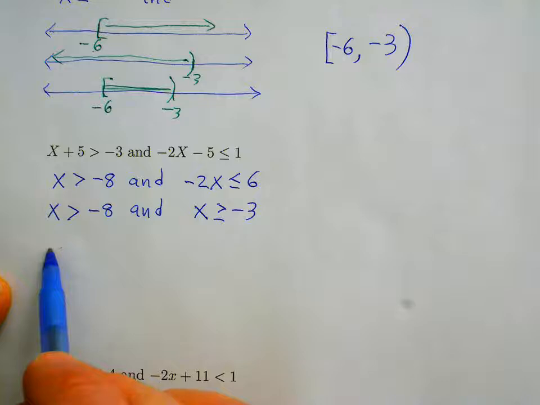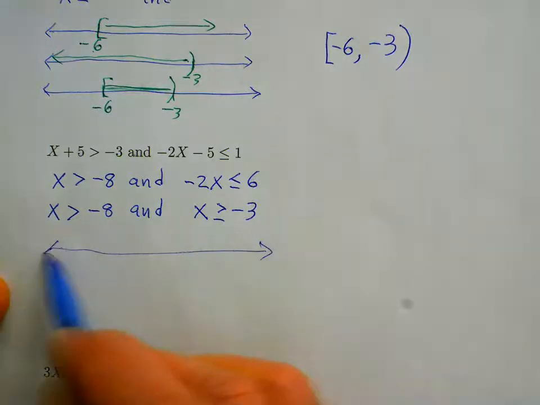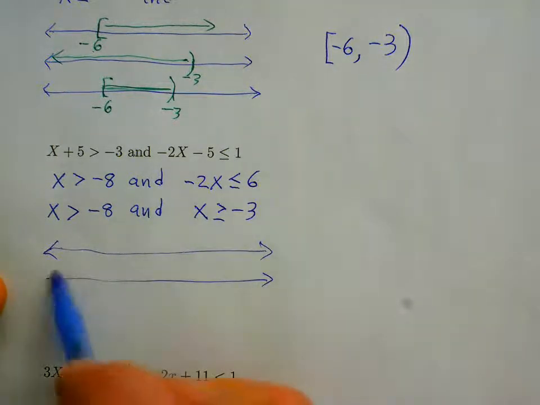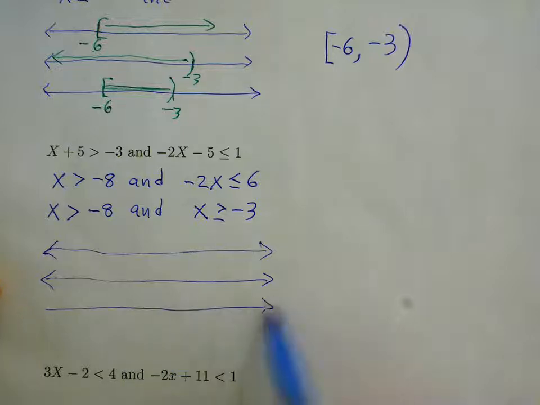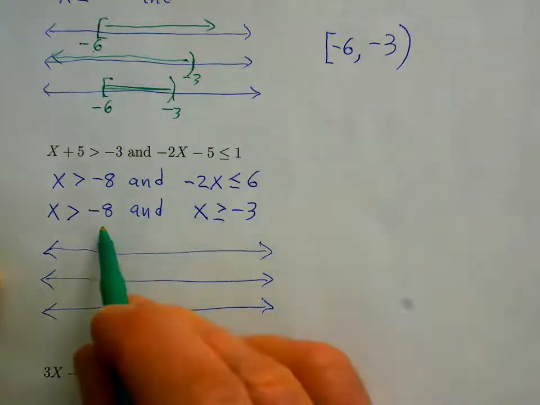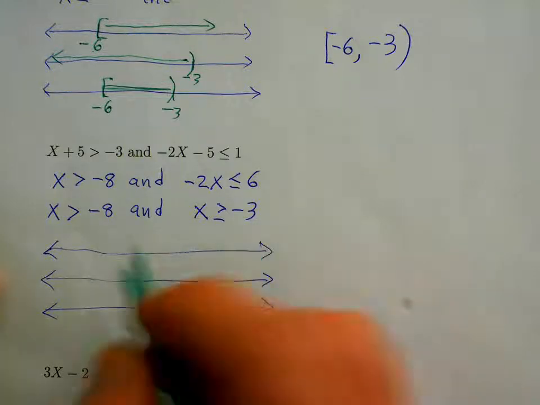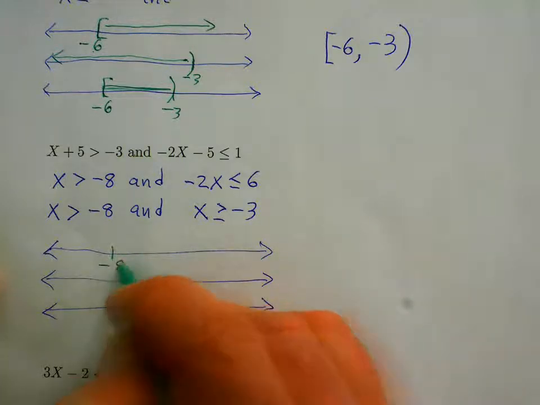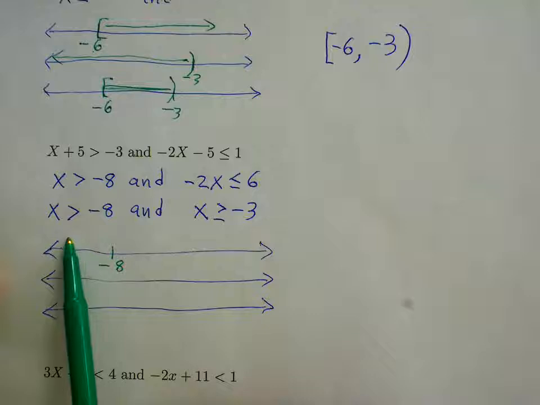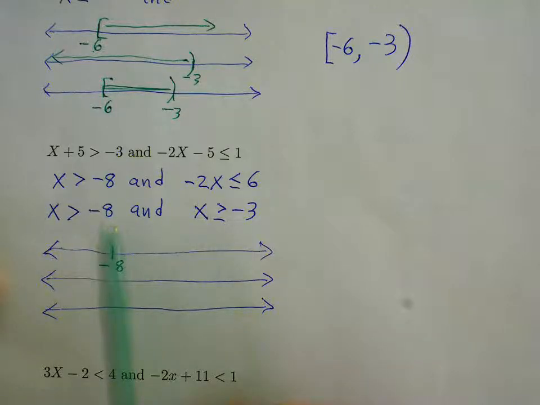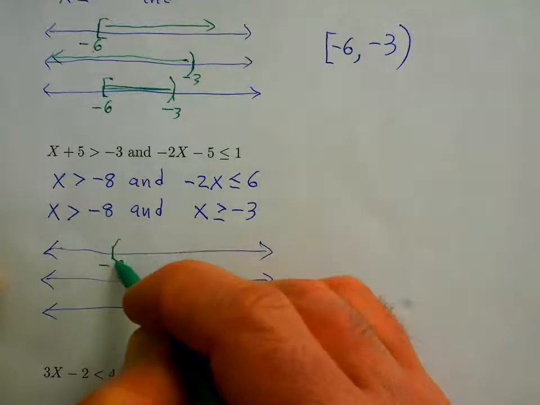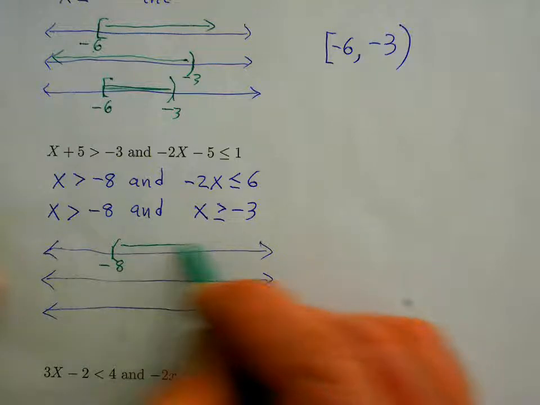Okay, let's try graphing those and find the overlap, or the intersection. Negative 8 is to the left of negative 3 on the number line. So if x is greater than negative 8, we put a parenthesis at negative 8 and shade to the right.